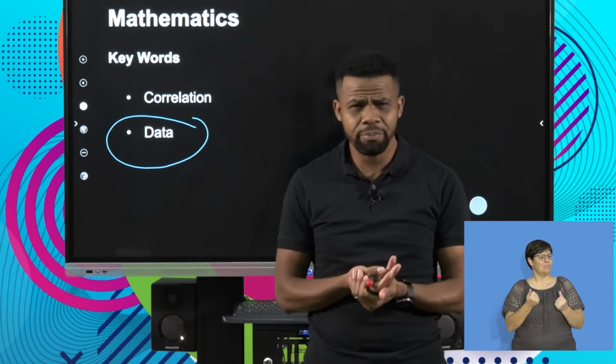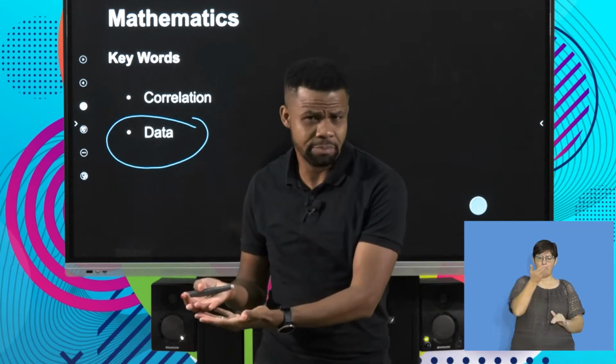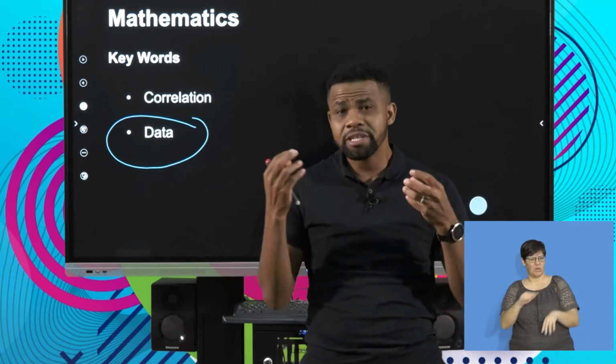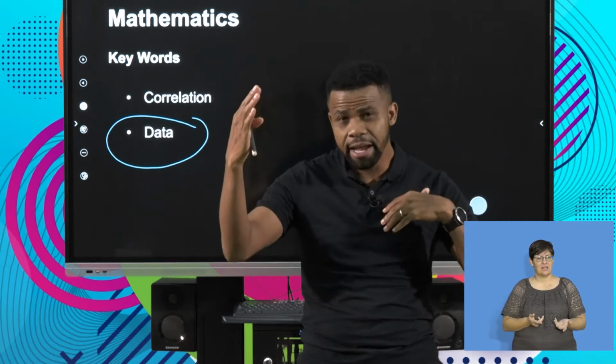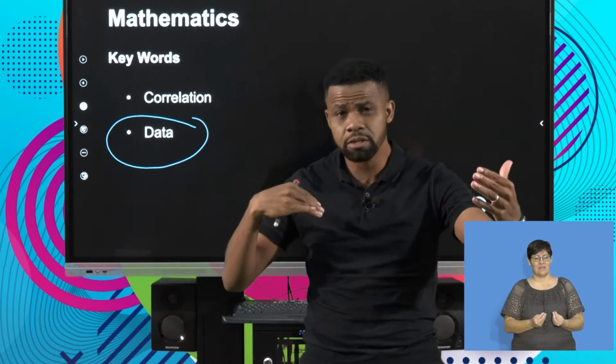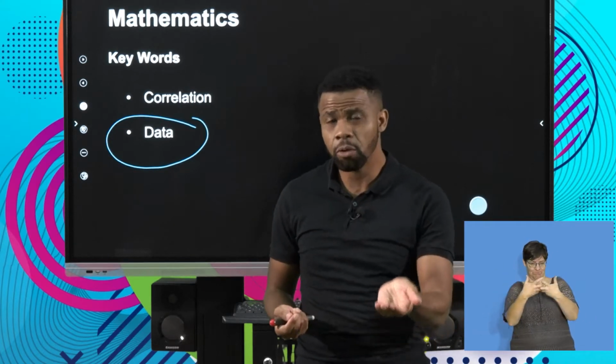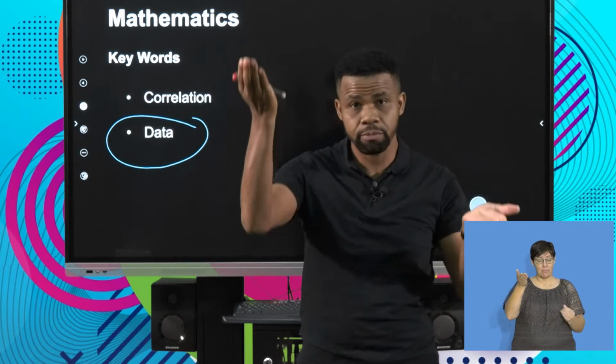Why does the petrol price go up and why does the petrol price go down? Because there is a correlation between the petrol price and the oil price. Usually, if the oil price goes up, the petrol price goes up.